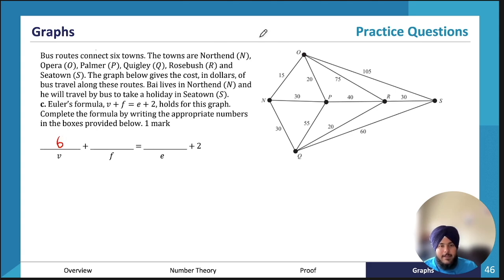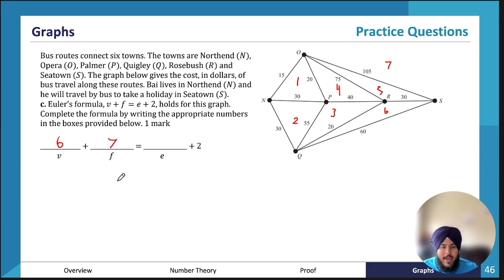What about the number of faces? Well, remember, faces are the enclosed regions between edges and vertices. So we have 1, 2, 3, 4, 5, 6, and we also count the outside region as a face, so 7 faces.